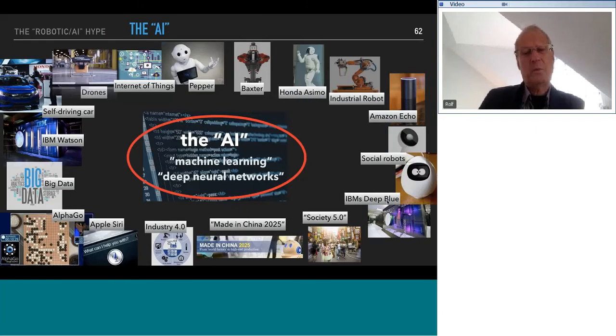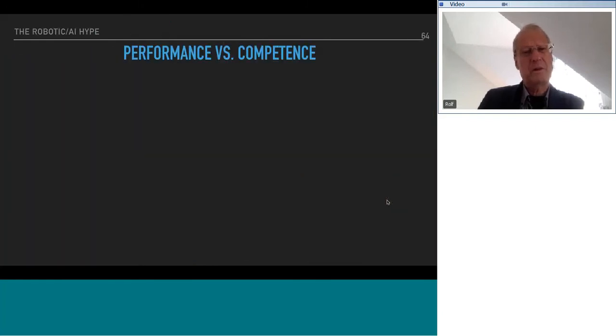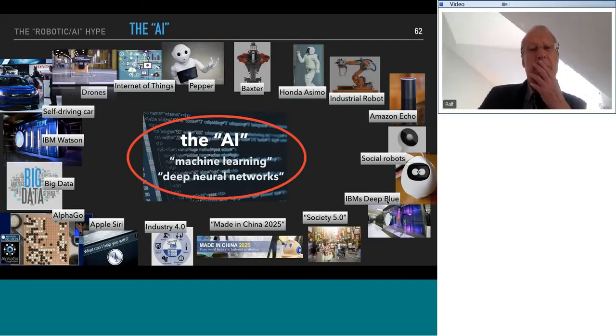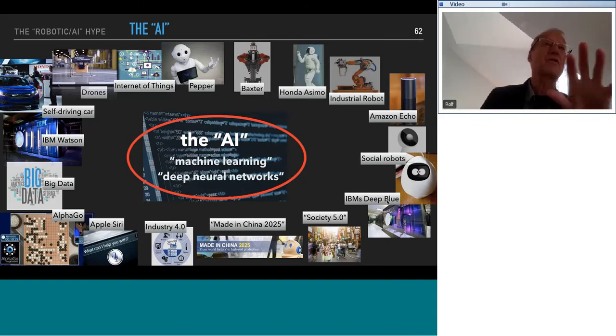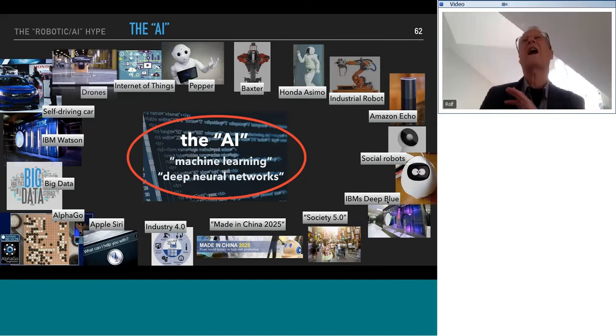Now, previously AI was lots of different things. When people talk about AI now, they basically talk about machine learning and deep neural networks, because artificial intelligence, the way people look at it, is just algorithms.